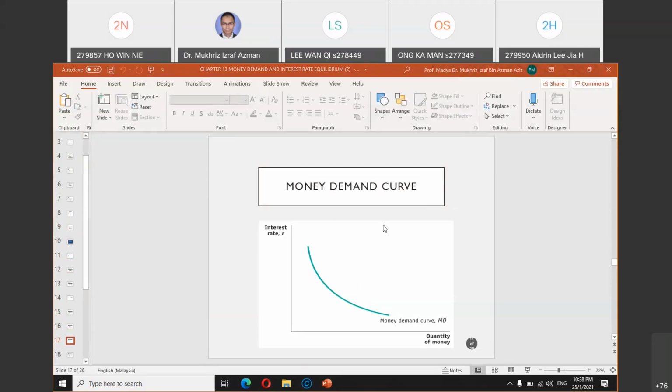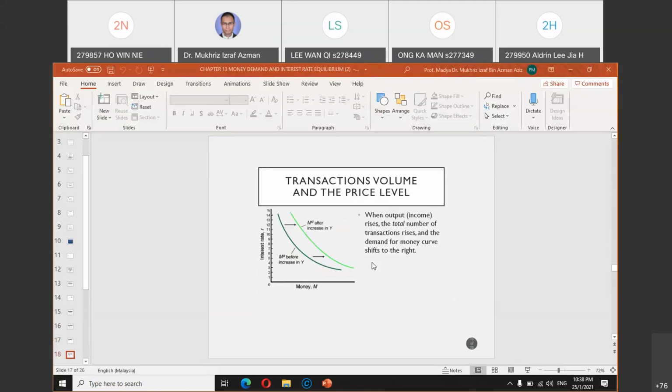On this money demand diagram, what can cause money demand to shift upward, what can cause the money demand curve to shift downward, and what can cause the movement along? Basically, recall your understanding from when you learned demand and supply in chapter 1 and chapter 2 earlier in your microeconomics.